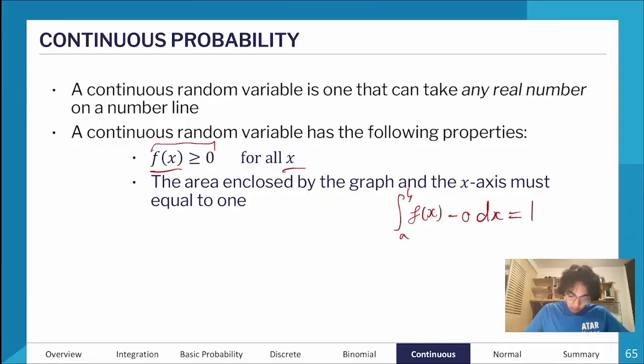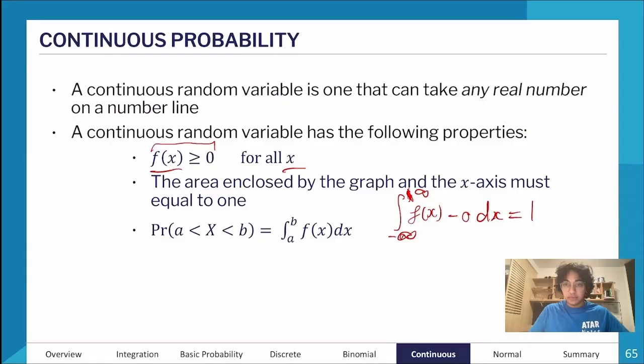It's more accurate to write negative infinity to infinity, so for the full length of that function, the area enclosed must be equal to 1.